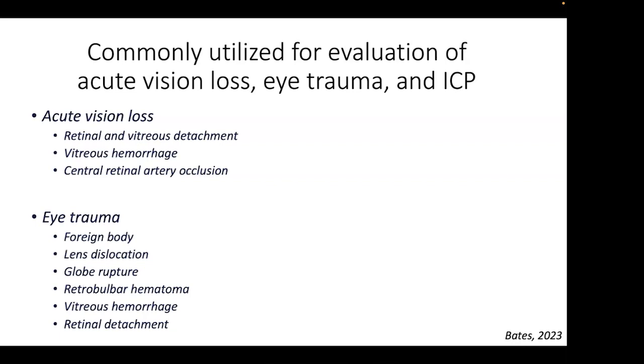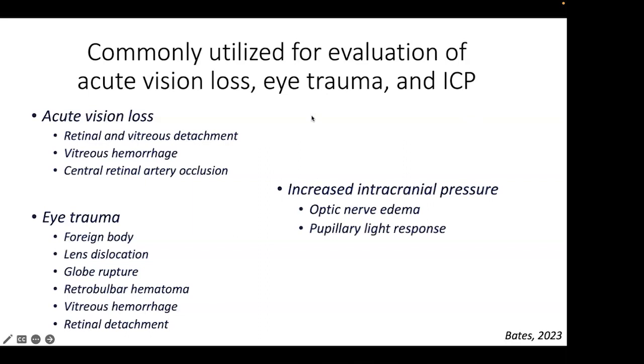For eye trauma, ultrasound can be helpful for evaluating for foreign body, lens dislocation, globe rupture, retrobulbar hematomas, as well as retinal detachment and vitreous hemorrhage. And for assessment of intracranial pressures, we can look at things like optic nerve sheath diameter and assess for optic nerve edema, as well as assess pupillary light response.